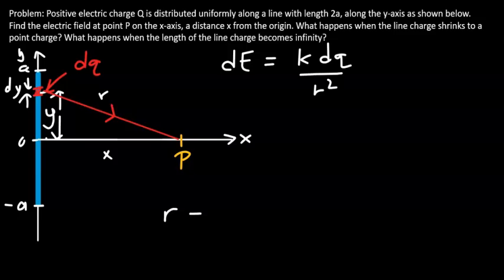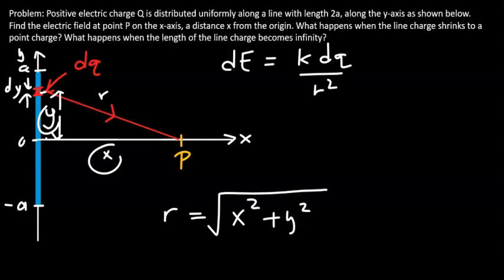R can be calculated from Pythagoras theorem. This is x, that distance is y. So R is just the square root of x squared plus y squared, and R squared in the denominator is simply x squared plus y squared.